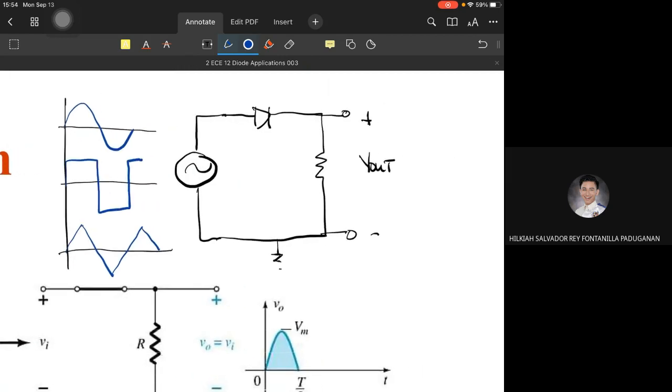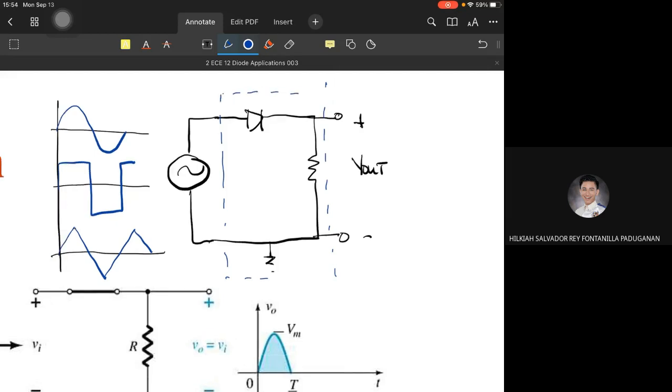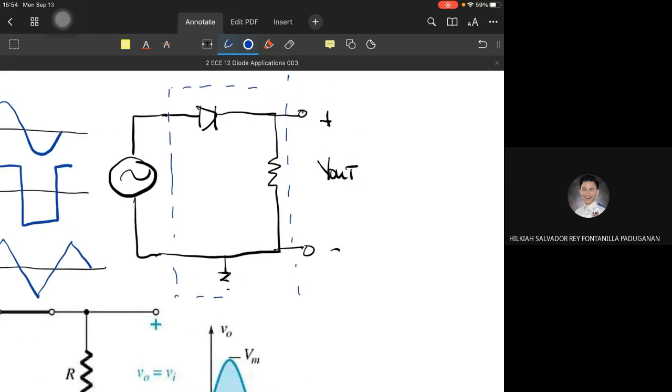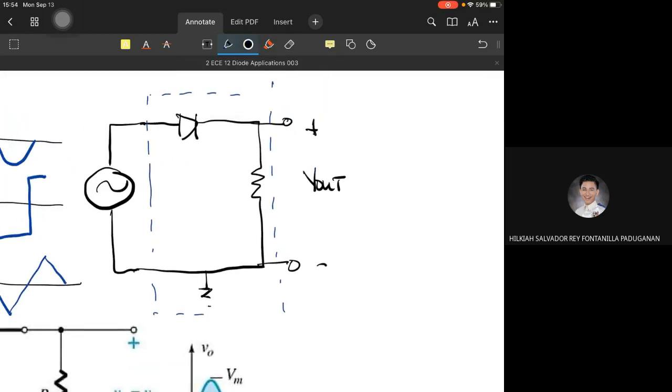So what will this circuit do to the signal? How will it manipulate, or rectify, our signal, since it is a half-wave rectifier?